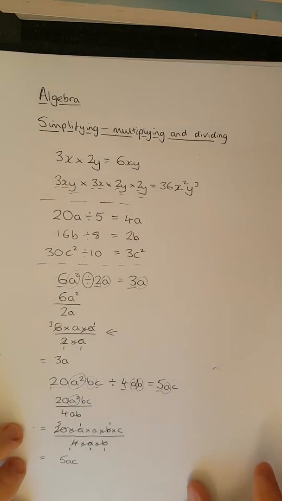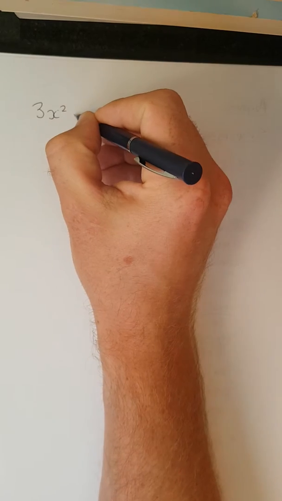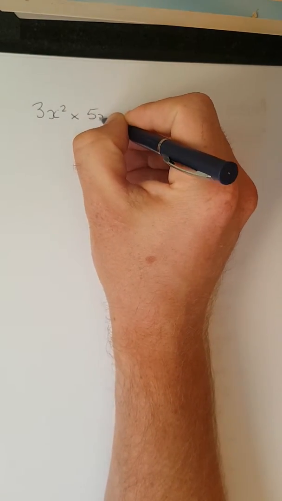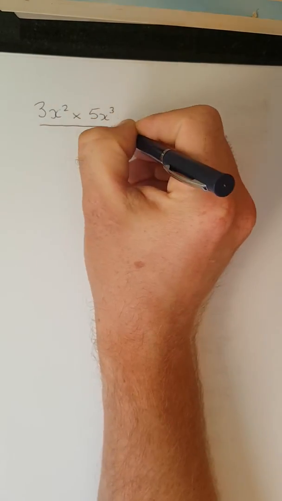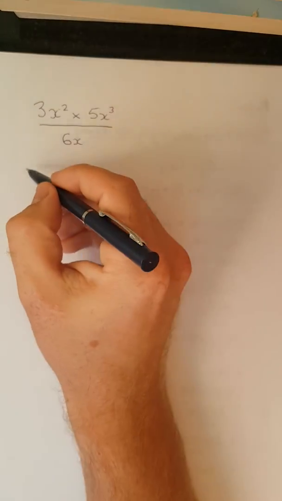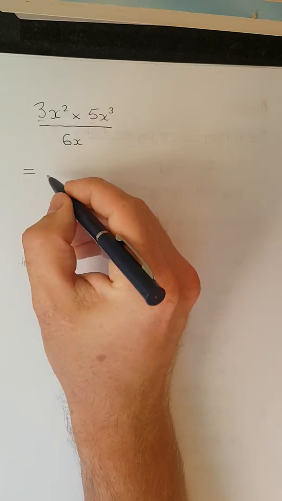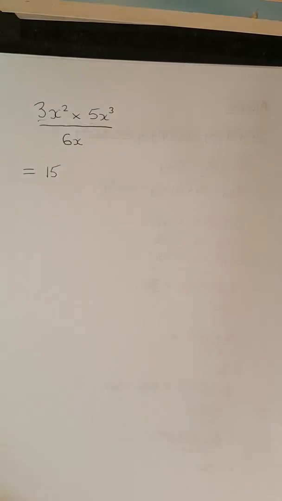Let's tackle one now where we mix these skills together. This is a common early exam question. Simplify the following. So, first thing we would do is simplify the numerator. 3 times 5 is 15.